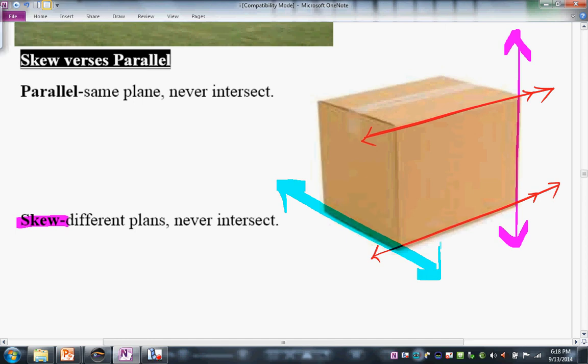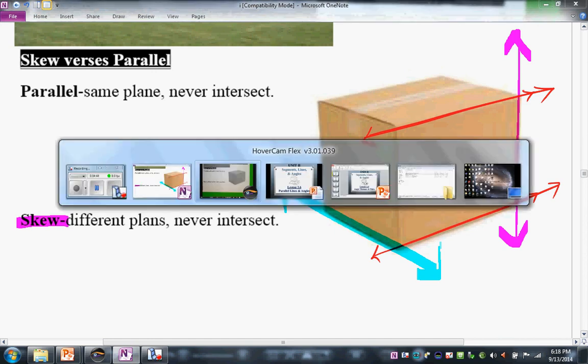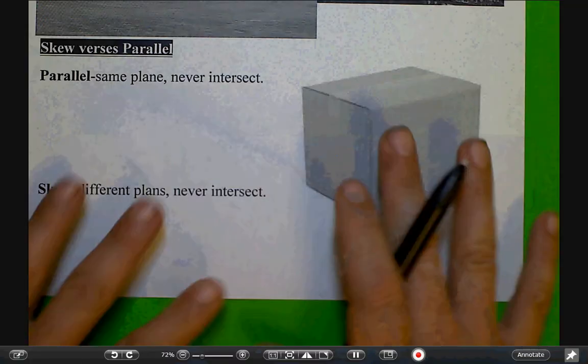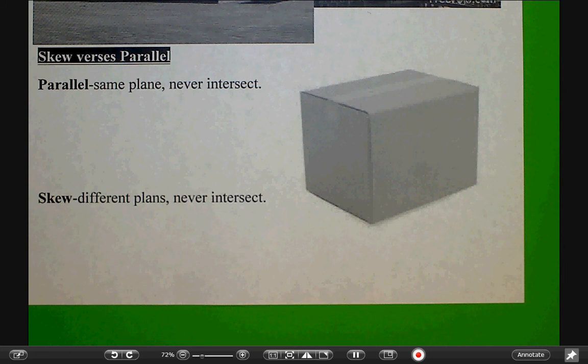They're on two different planes. They're never going to intersect. Now it looks a little difficult to see that in 2 dimensions, so I'm going to show you in 3. So here would be your skew lines that we just did.